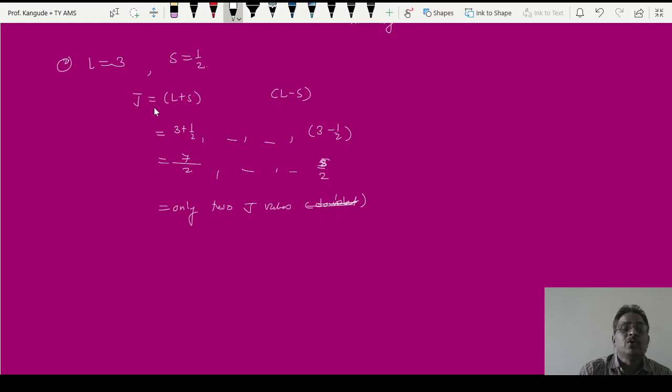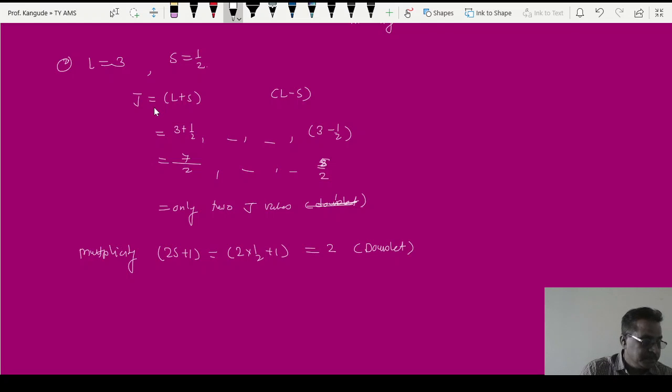If I go for multiplicity here, multiplicity is twice S plus 1, so it is 2 into 1/2 plus 1, therefore it is 2, which is said to be a doublet.